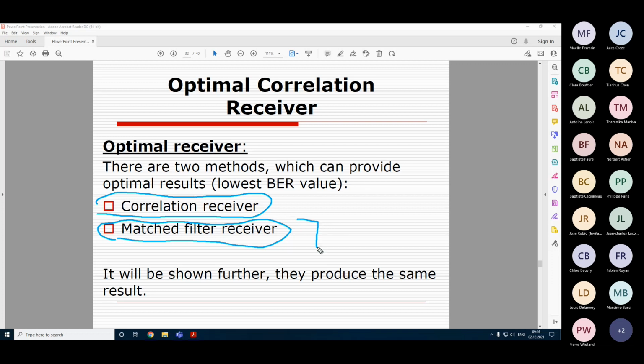In fact, when we discuss that in the next lecture, you will see that the matched filter receiver is actually correlation too, because the filtering procedure calculates a very similar formula as correlation. Not exactly the same, but still very similar, so that we can reduce this to correlation. So in fact, they are both calculating the same correlation.